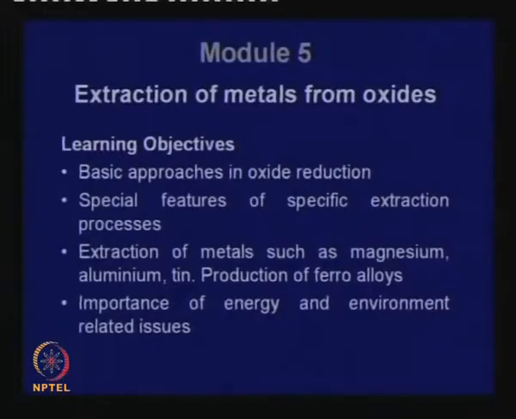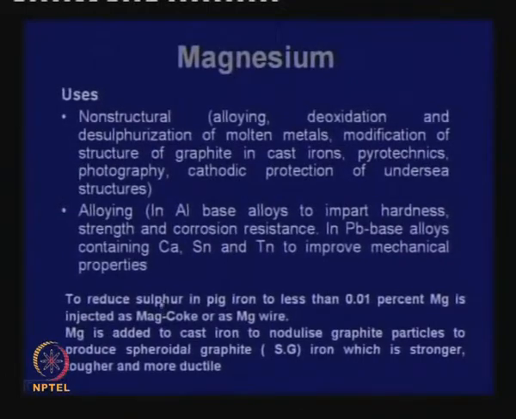Talking about metals which come from oxides, the learning objective was basic approaches in oxide reduction, special features of specific extraction processes, and extraction of metals such as magnesium, aluminum, tin. Ferroalloys I also included in this, because they also come from oxide sources, and I have given some discussion on energy and environment related issues, which have been discussed in more detail towards the end.